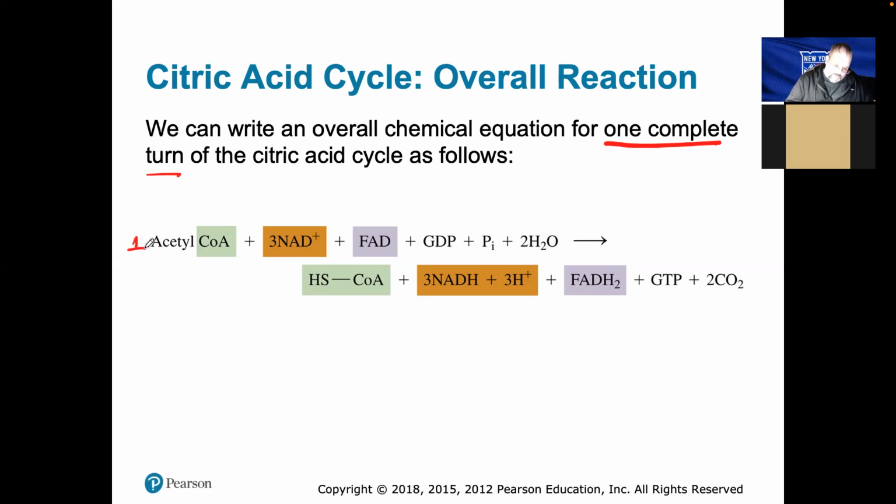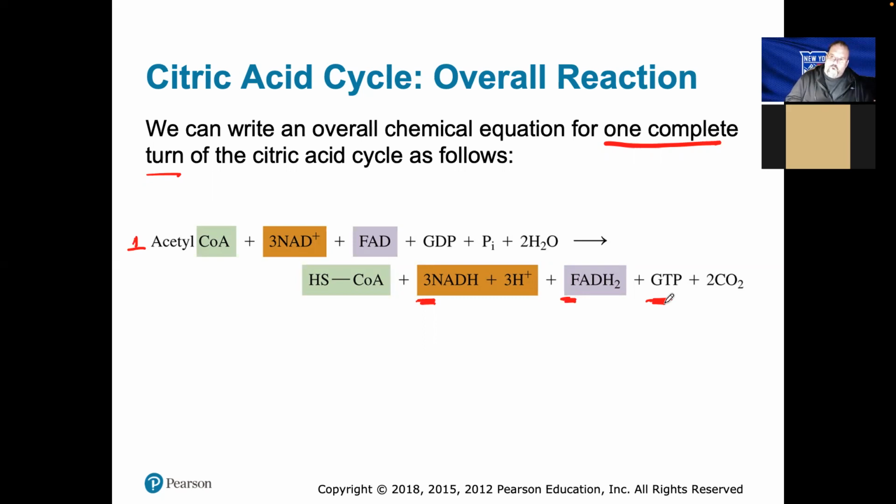One molecule of acetyl coenzyme A enters the cycle, and you generate coenzyme A, 3 molecules of NADH, 1 molecule of FADH2, and 1 molecule of GTP. So 1 molecule of acetyl coenzyme A enters the citric acid cycle. You get 3 NADH, 1 FADH2, and 1 GTP.